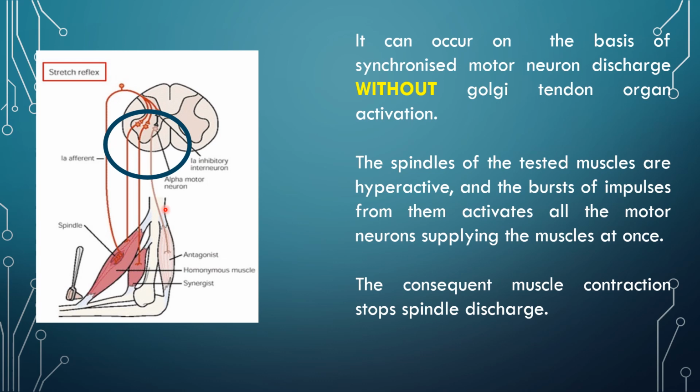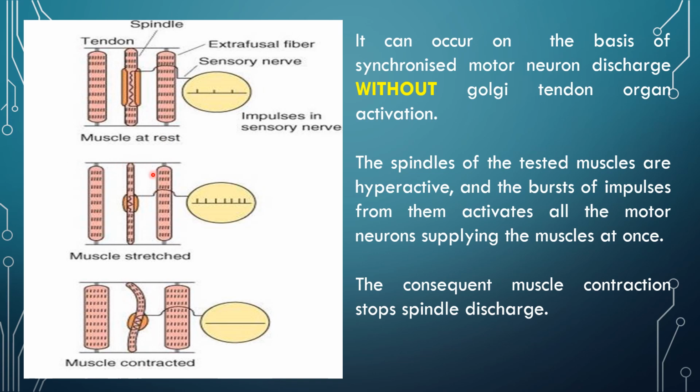So these bursting impulses will cause muscle contraction, and we know that if the muscle is contracted, two Z lines are coming together. So what will happen to it? If these two Z lines are coming closer, the muscle spindle will be relaxed. It will be lax. But if stretch is maintained, then this laxity is prevented, and there will be discharge from the spindles.